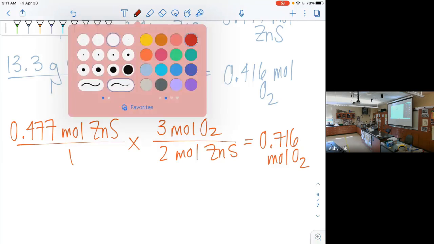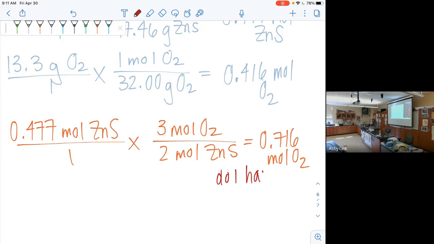Here's my question. Do I have at least this amount? Do I have it? No, I don't. I only have 0.416.